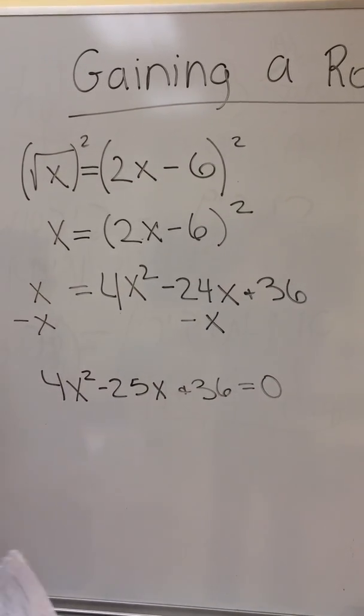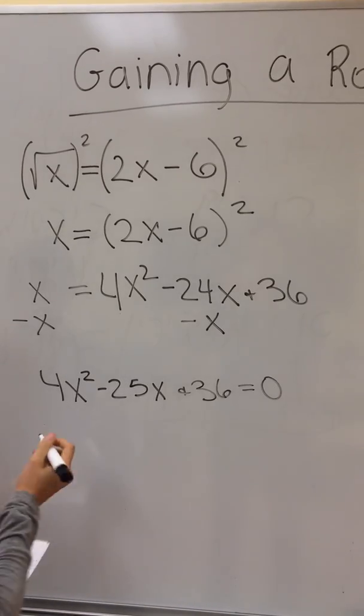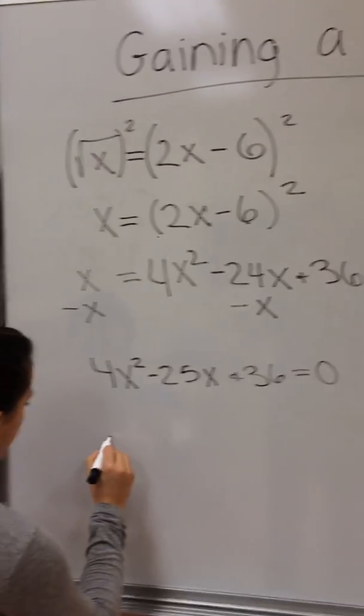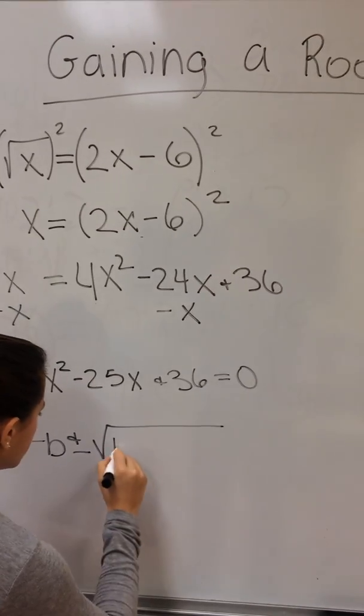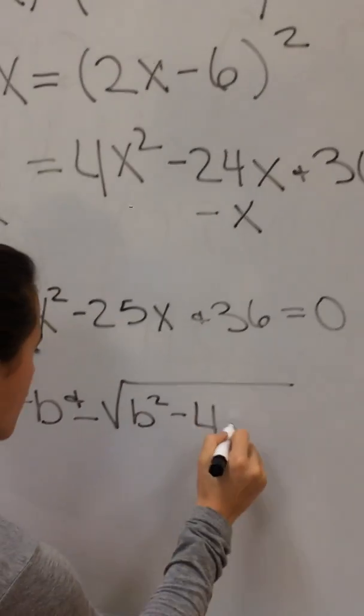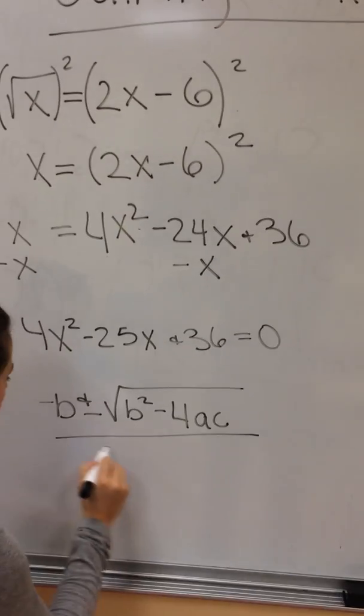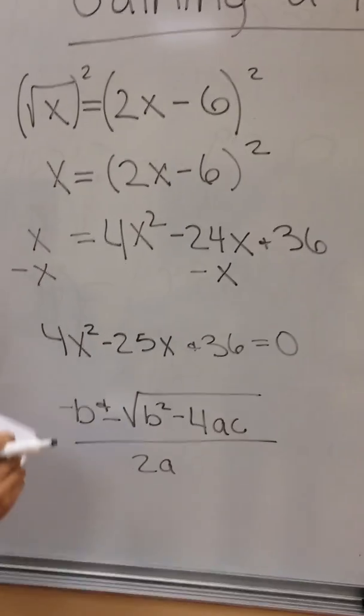Then you use the quadratic formula to solve for the x. The quadratic formula is negative b plus or minus radical b squared minus 4ac over 2a.